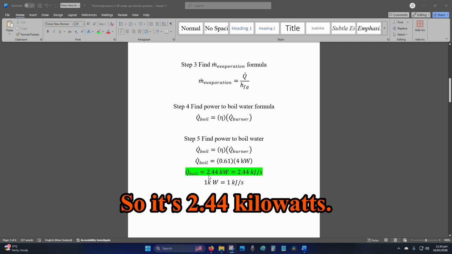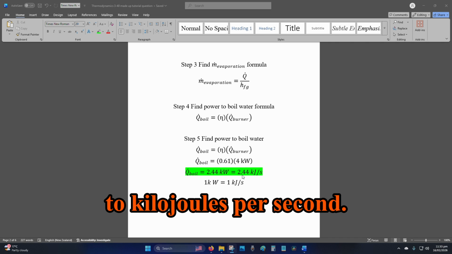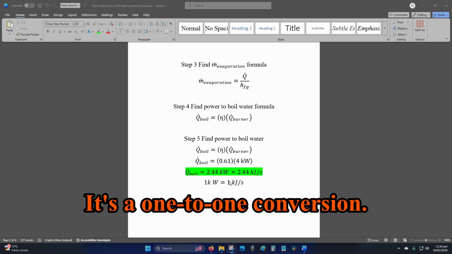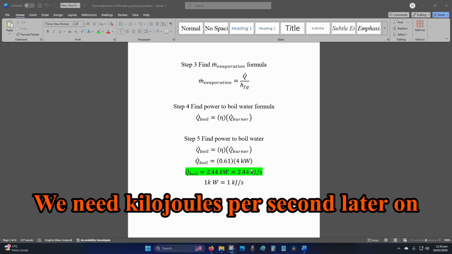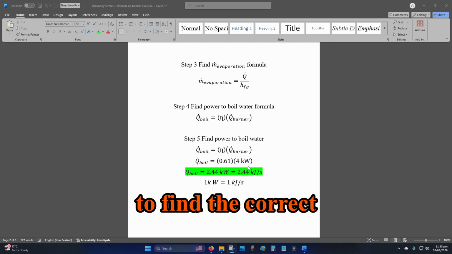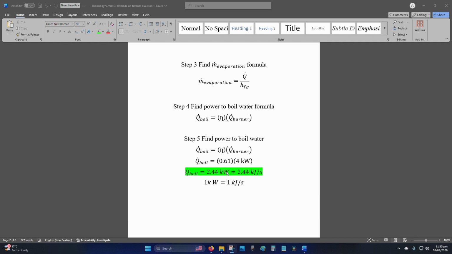So it's 2.44 kilowatts. We need to convert that to kilojoules per second. It's a 1-to-1 conversion. We need kilojoules per second later on to find the correct units for the mass flow rate of evaporation.